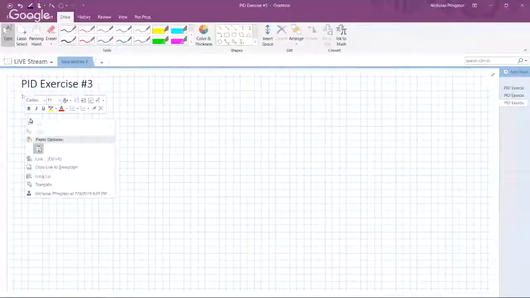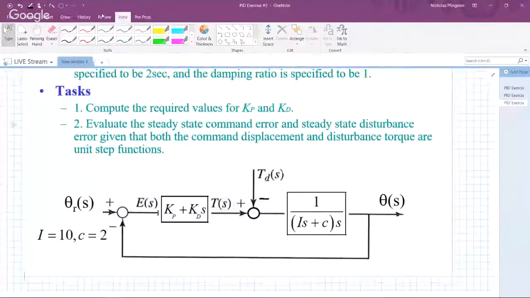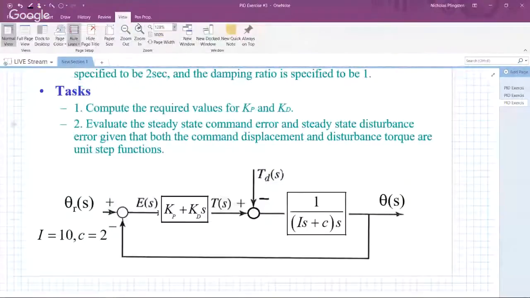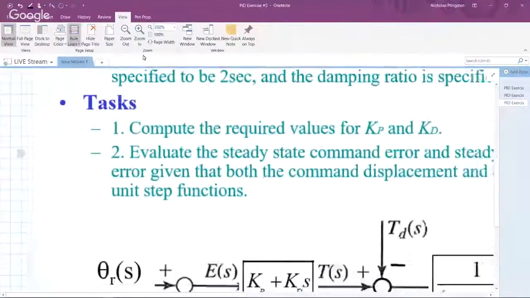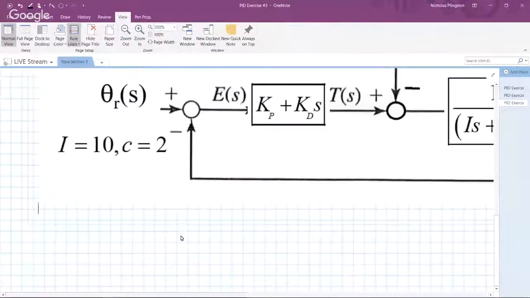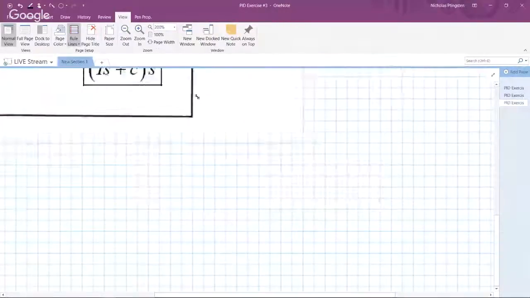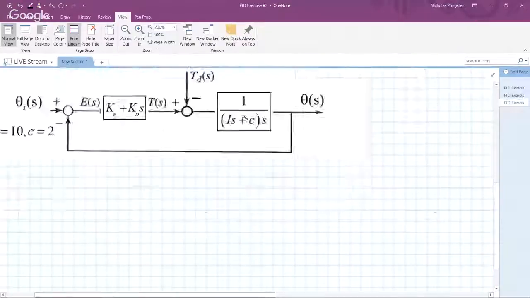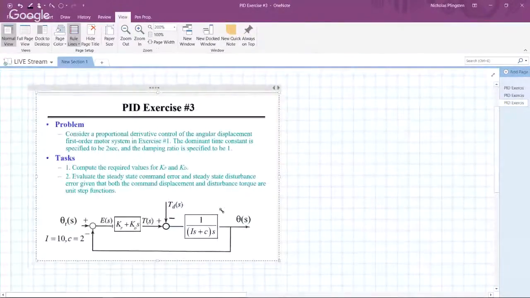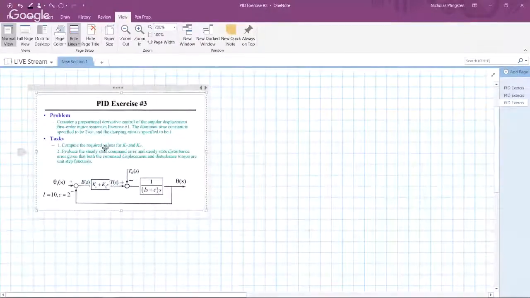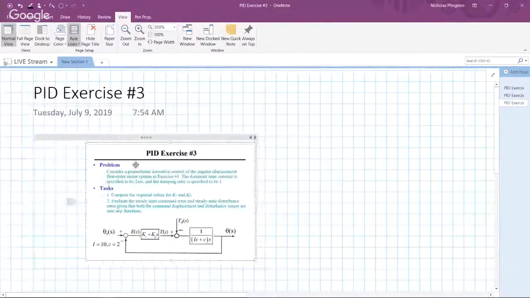So here's the problem, dropping it in. So hopefully you guys can read this.